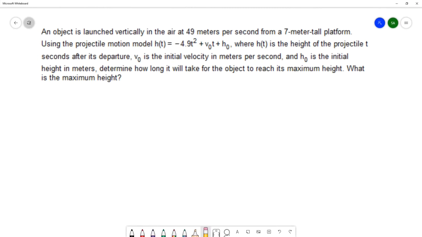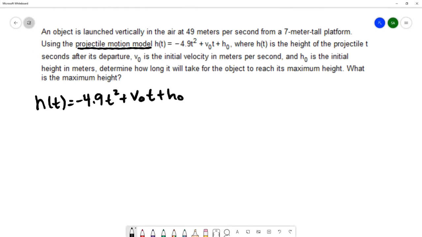So in this example, we're given this function that they're calling the projectile motion model. So h of t equals negative 4.9 t squared plus v naught t plus h naught. v naught stands for initial velocity, and we are given initial velocity right here.